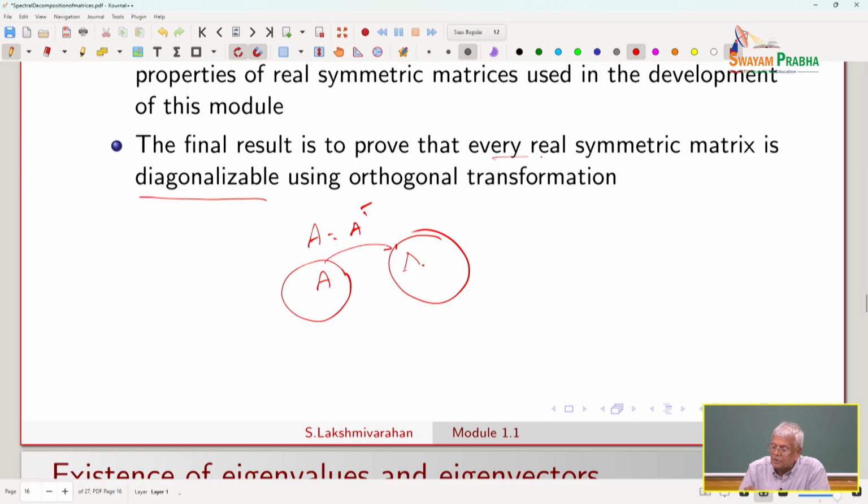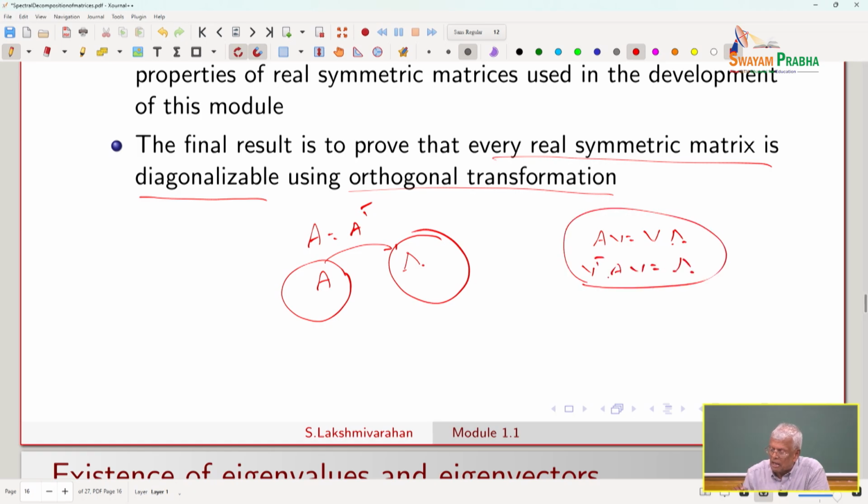Every symmetric real matrix is diagonalizable, so symmetric positive definite matrices are diagonalizable, and this diagonalization can be achieved through what is called an orthogonal transformation. One such transformation is the eigen decomposition: AV equals V lambda, therefore V transpose AV equals lambda. This is an example of a matrix A being reduced to a diagonal matrix lambda.